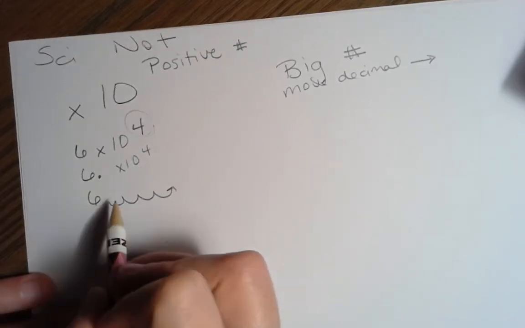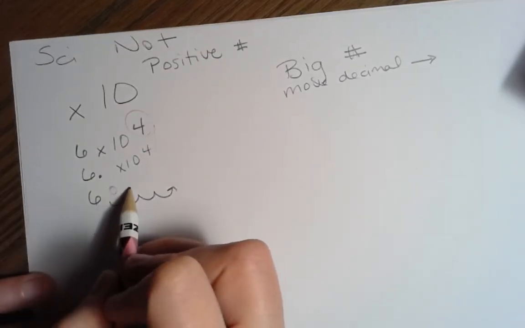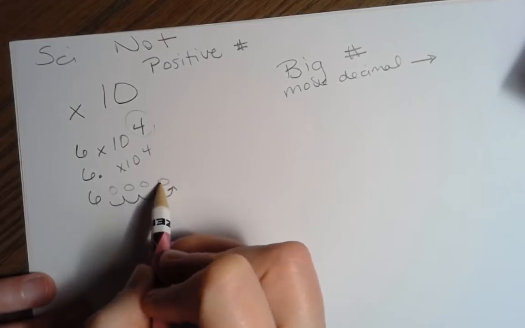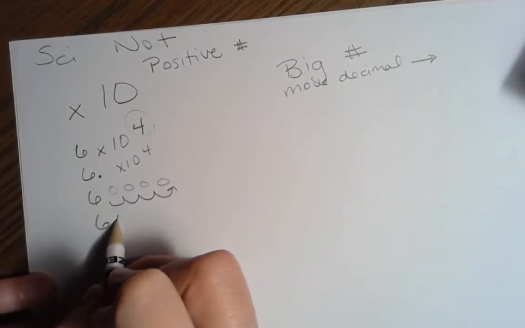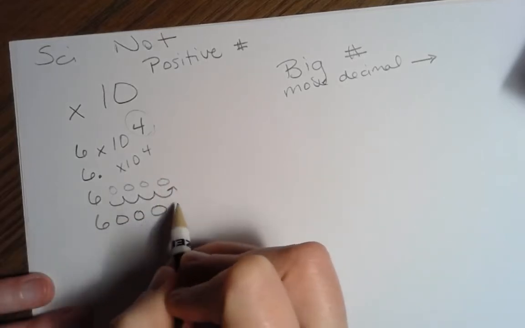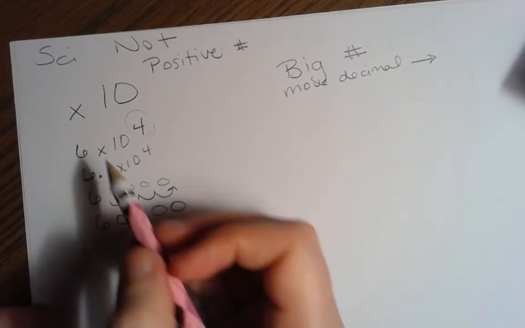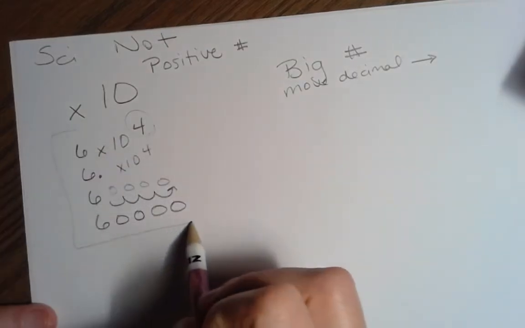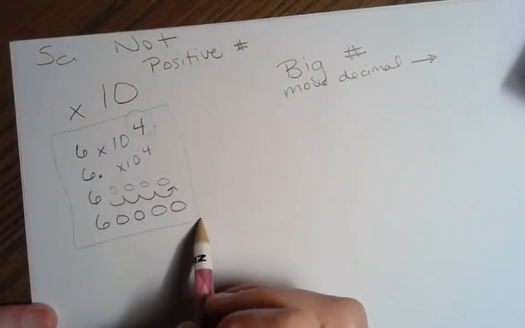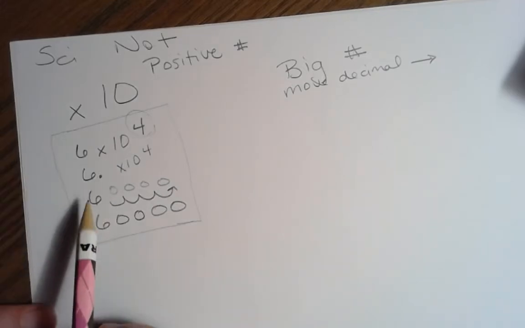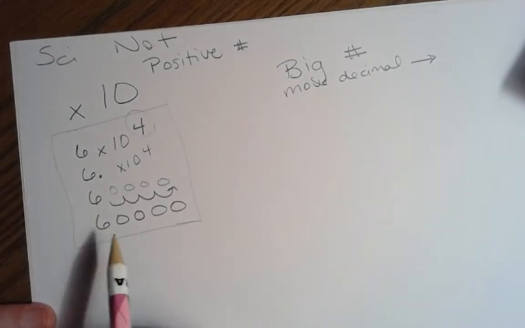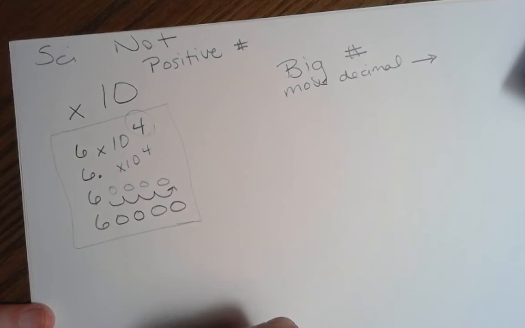Fill in all of these place values with zeros. We moved it 4 times. We filled in with zeros. These things here are the same number. So 6 times 10 to the 4 is the same thing as 60,000.